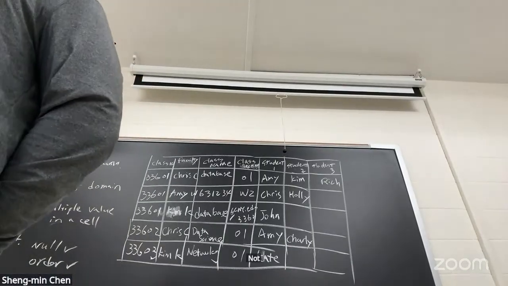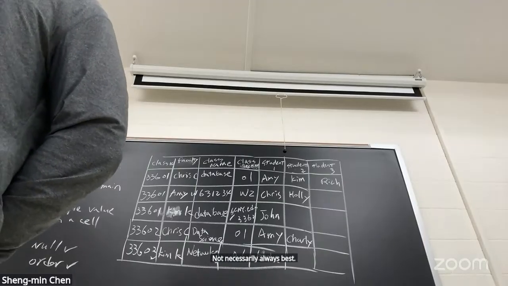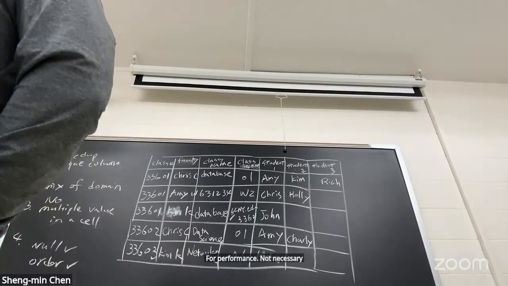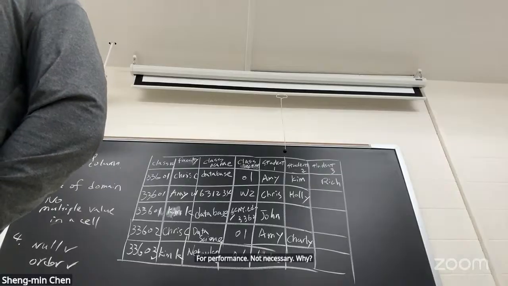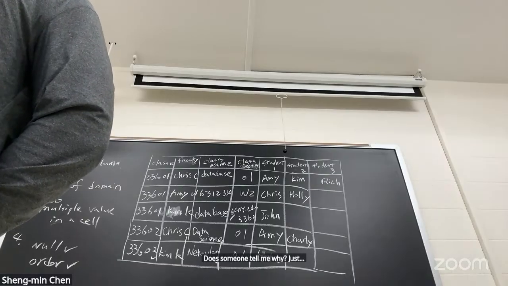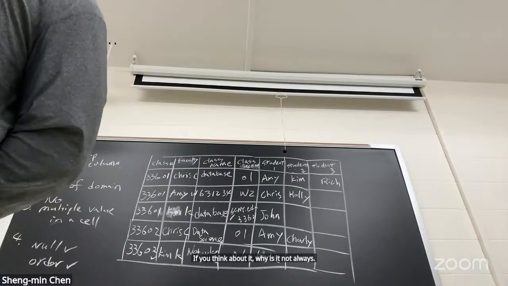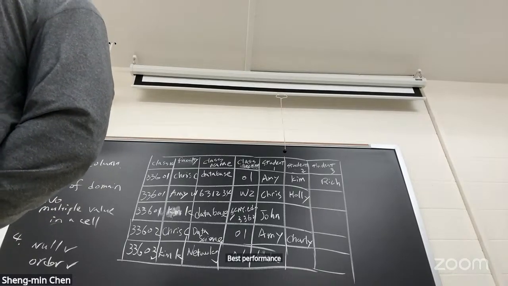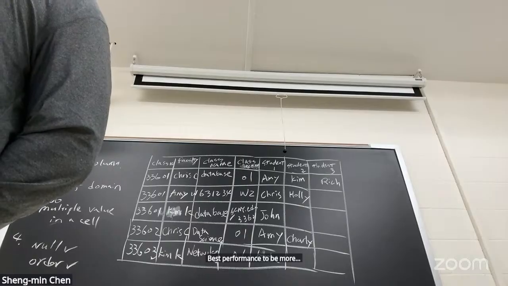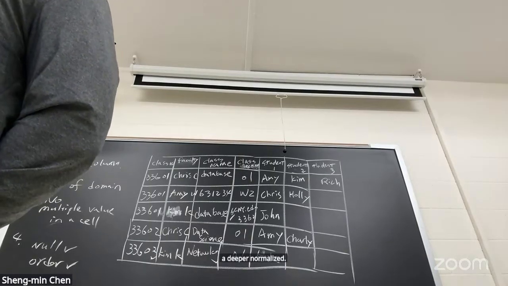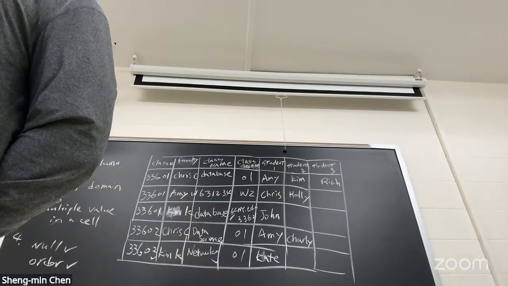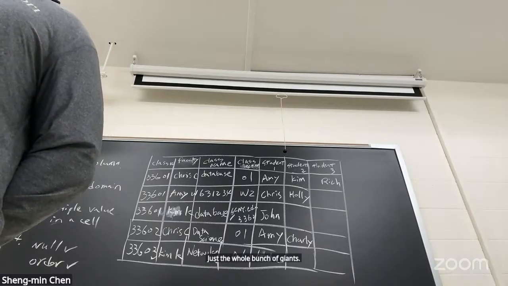Not necessarily always best for performance. Why? Can someone tell me why? If you think about it, why is it not always best for performance to be more and deeper normalized? You have to do all the joins. Exactly, right?